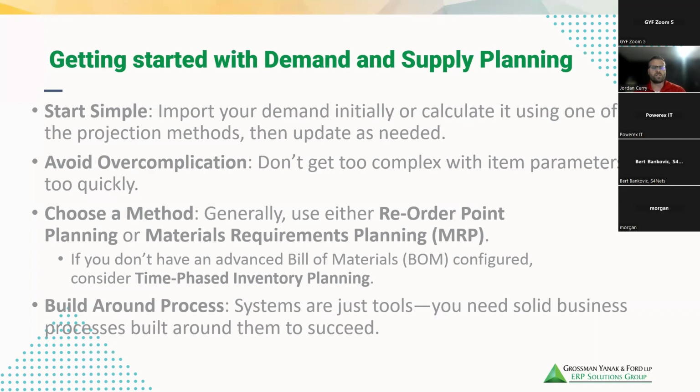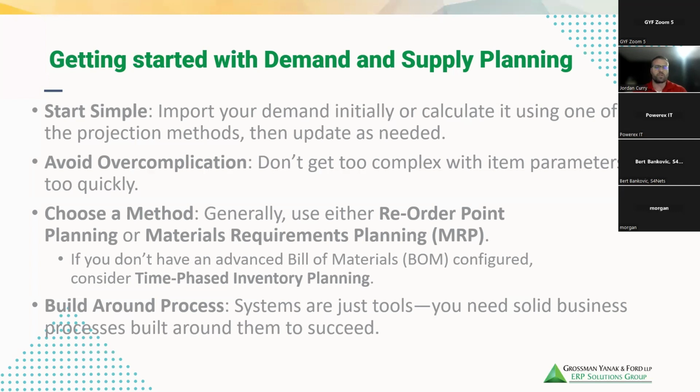The only situation that you might want to consider time phased is if you are a legacy NetSuite customer. You don't have advanced bill of materials turned on, but you still want forward-looking demand planning capability. Then you can consider time-phased inventory planning.